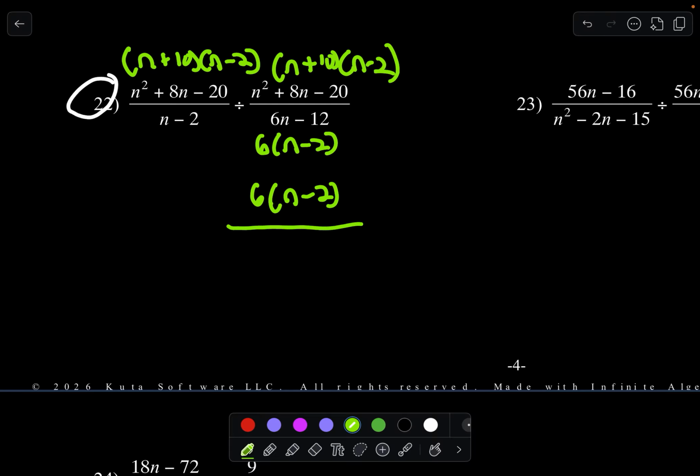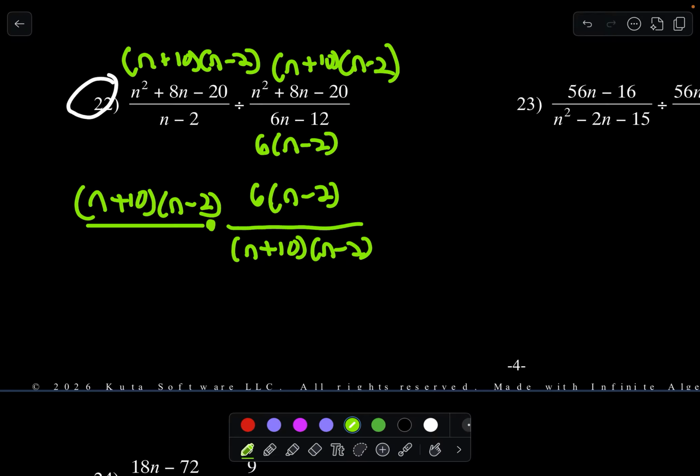All right. Turn it into multiplication, and then this stays the same, and it's n plus 10, n minus 2 over n minus 2. Notice, again, these both divide out.